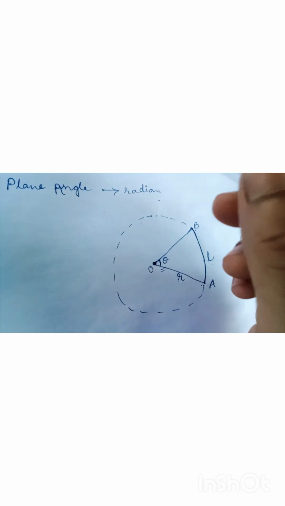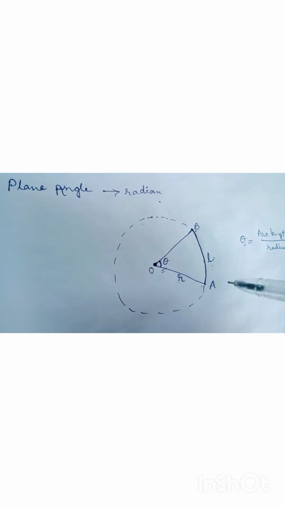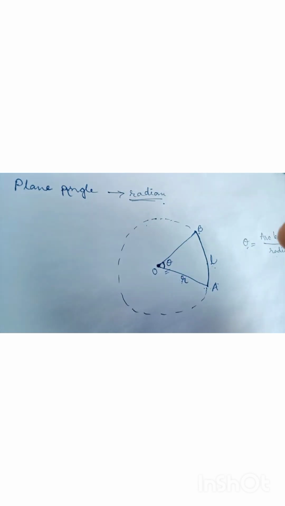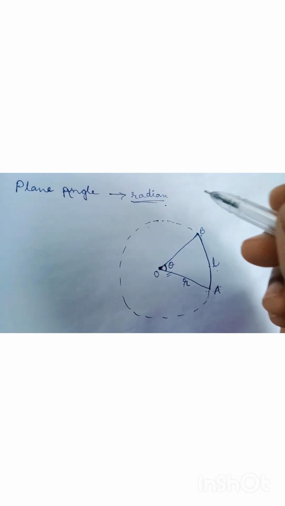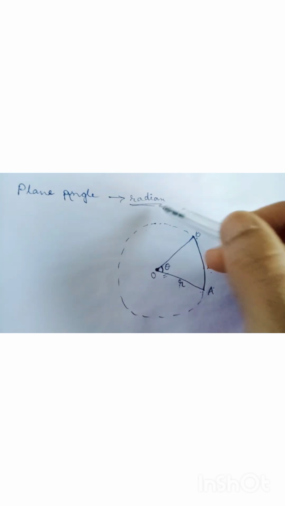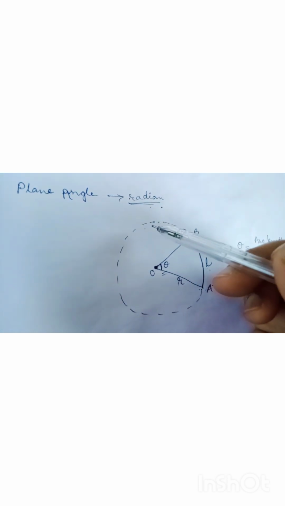In accordance with the units of the physical quantities, I have included this topic also. So radian is the unit of plane angle.